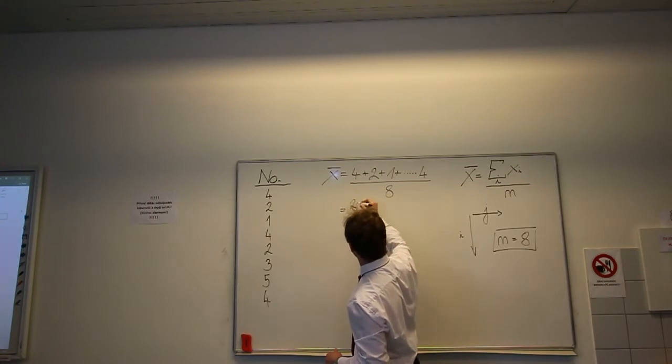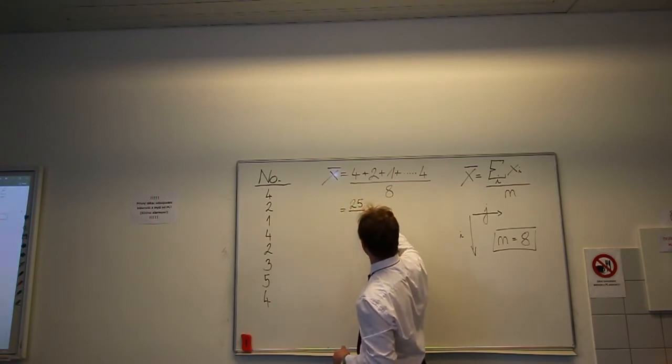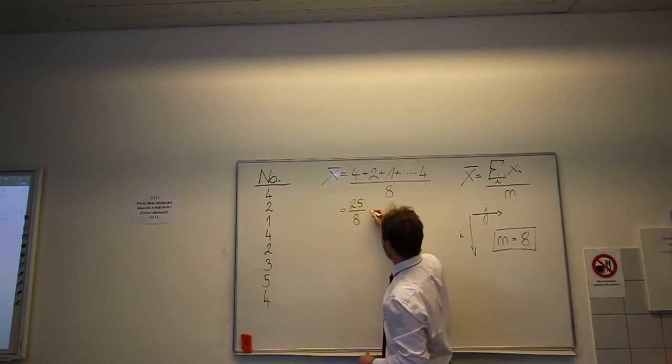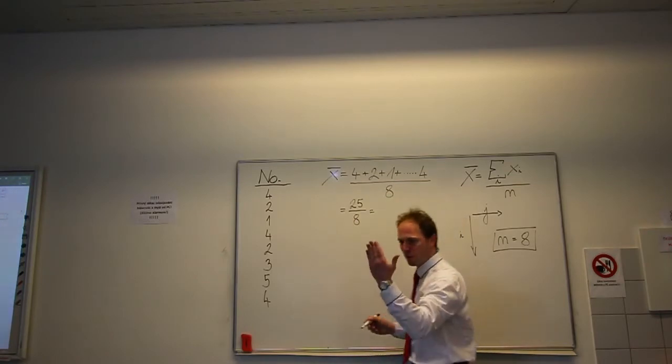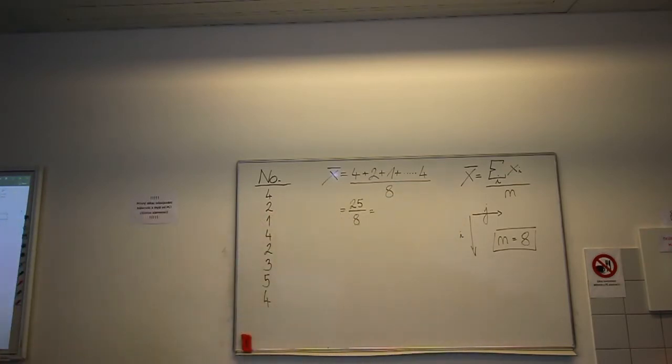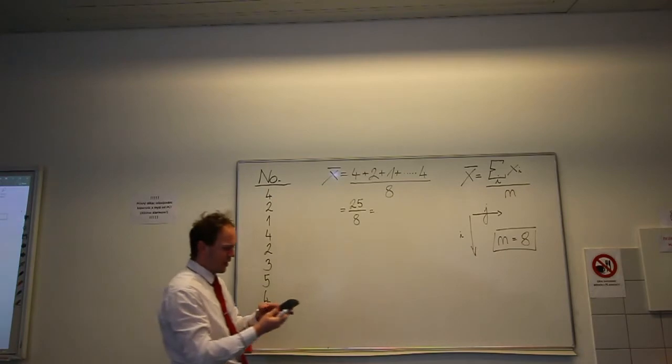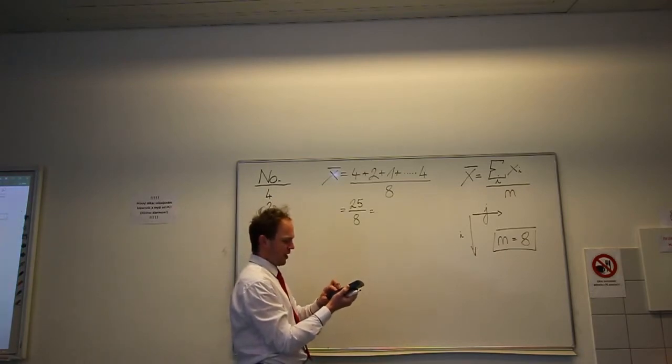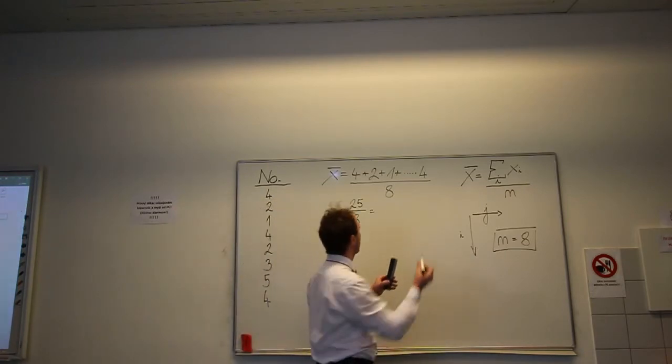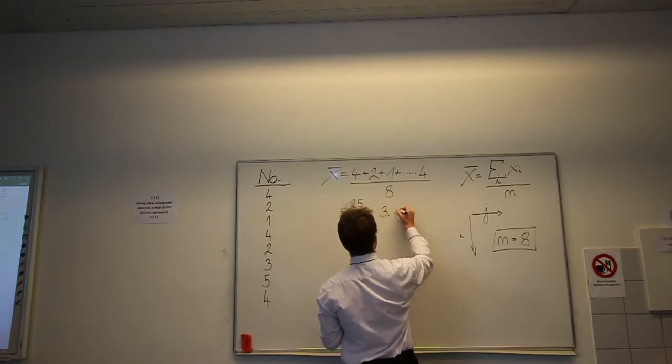So the numerator is 25, the denominator is 8, and with the calculator, 25 divided by 8 is 3.125.